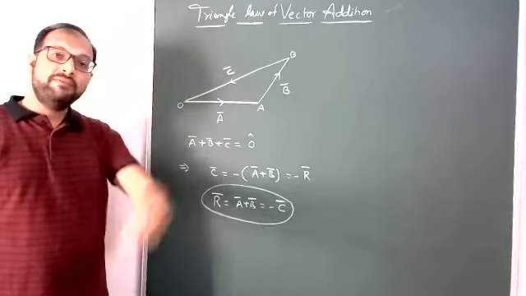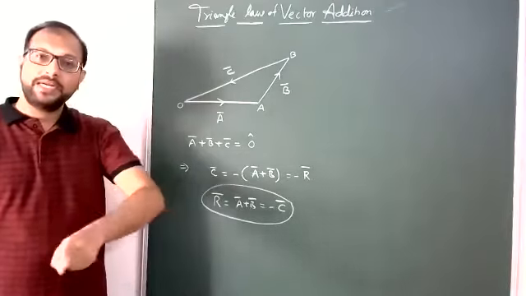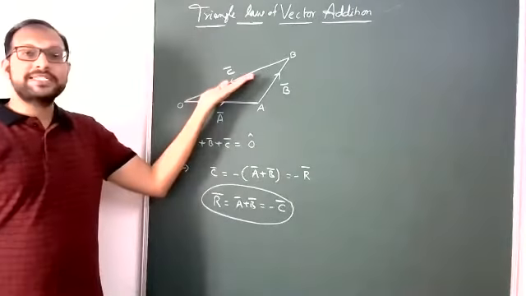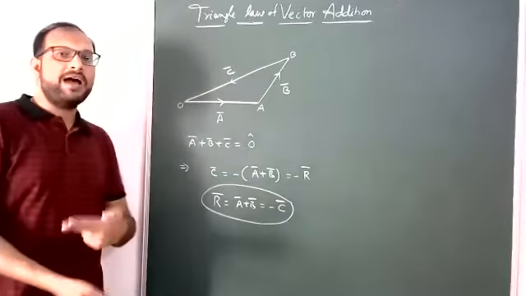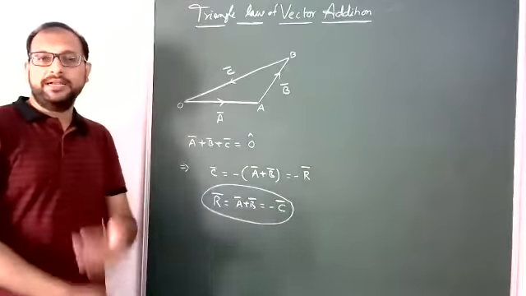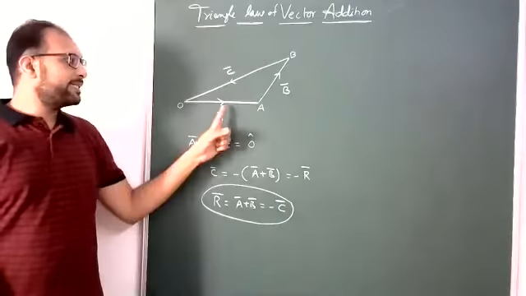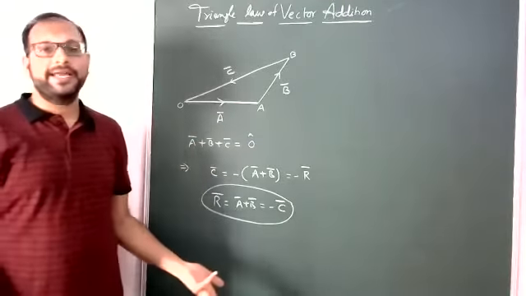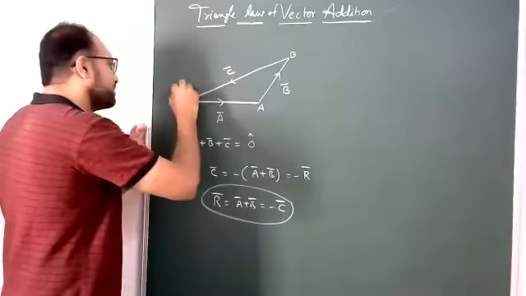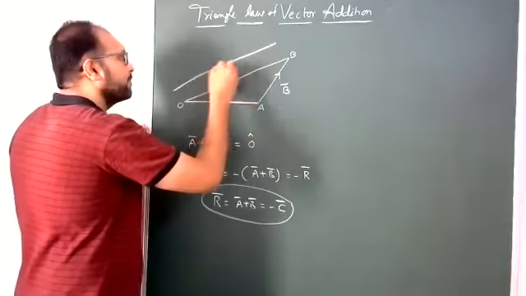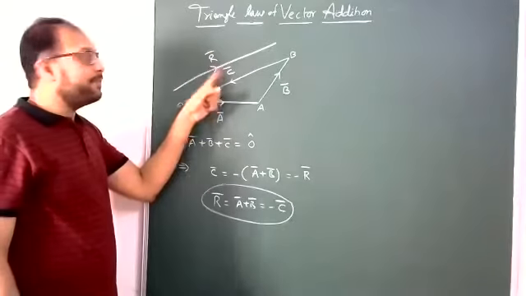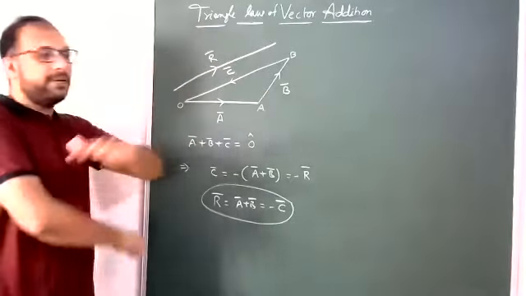But here all vectors should be taken in a particular order to complete the triangle. Indirectly, the last side taken in reverse order, because of minus, is nothing but the vector addition of first two vectors. So this is the last vector, but now I am taking it reverse, like this. This is R bar equal to minus C bar, the vector addition of A bar and B bar.